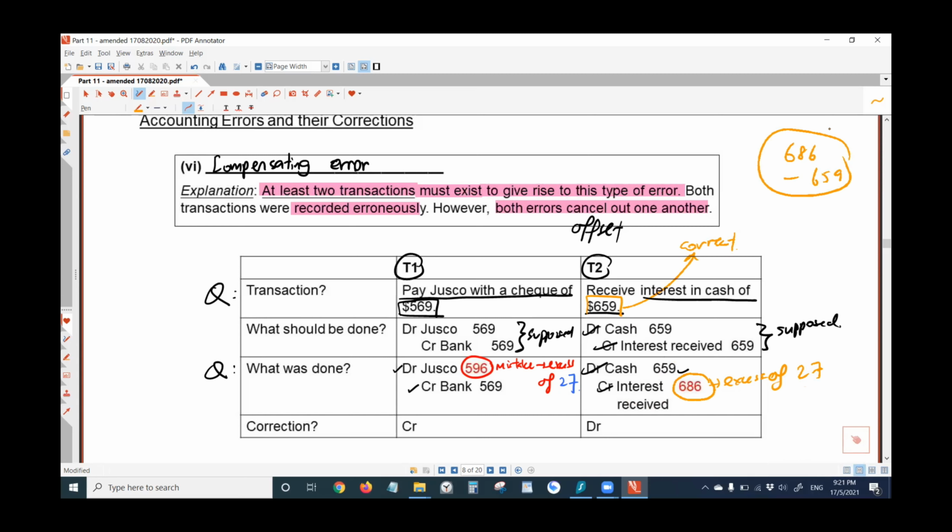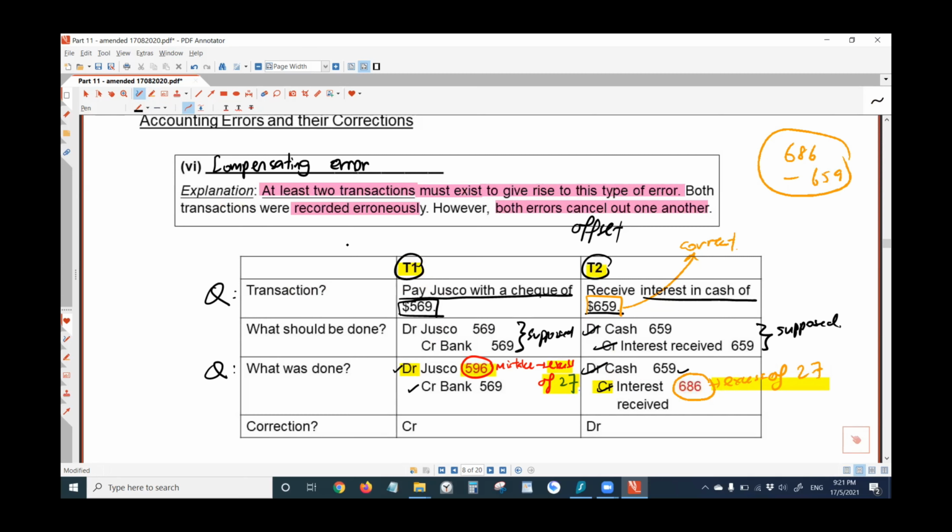So this is compensating error. The trial balance would still be balanced even though a compensating error exists. For transaction 1, the debit entry is in excess of 27. Transaction 2, the credit entry is in excess of 27. So do they offset one another? Answer is yes. So this is compensating error. It's quite easy to spot them.